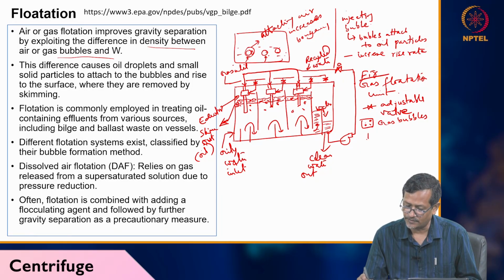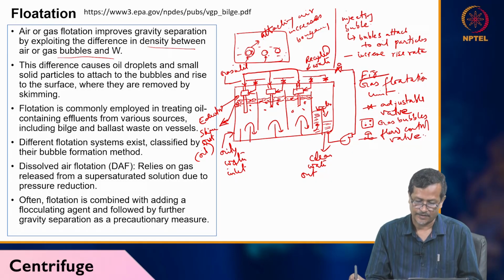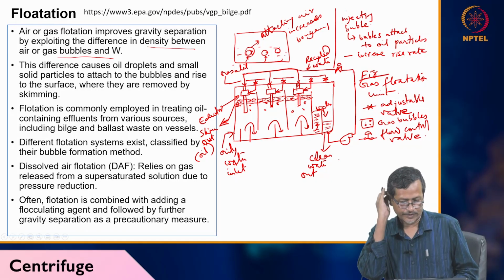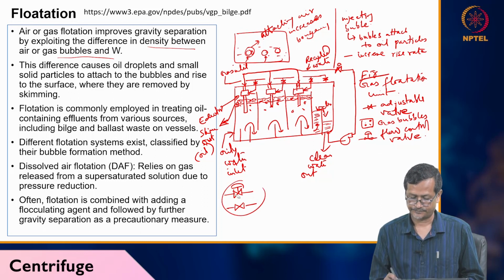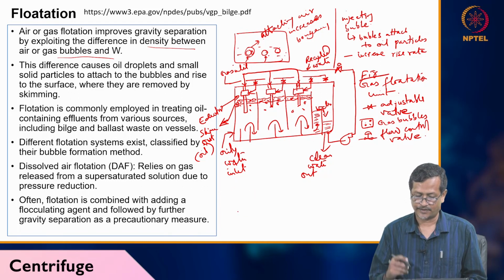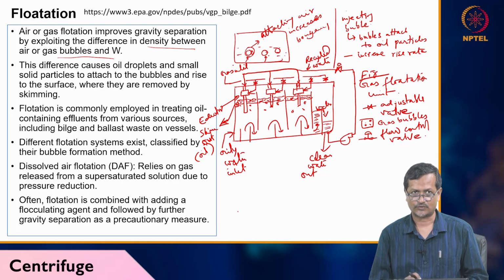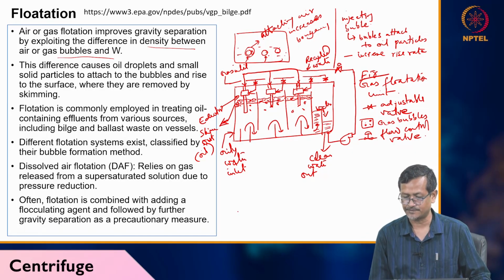The flow control valve is drawn like this. Whenever you are drawing any flow control valve, you should draw a cross like this. Adjustable valve, only just this one. Flow control means one valve knob will be there, so using that you can control. You should use proper symbols every time.